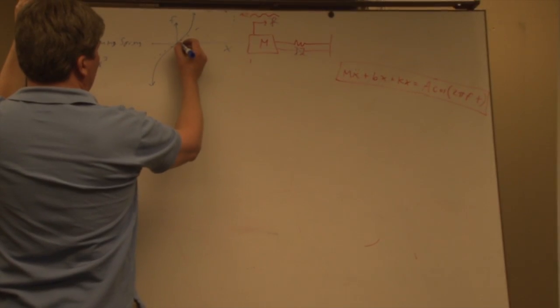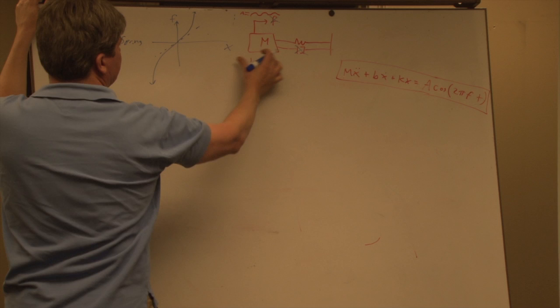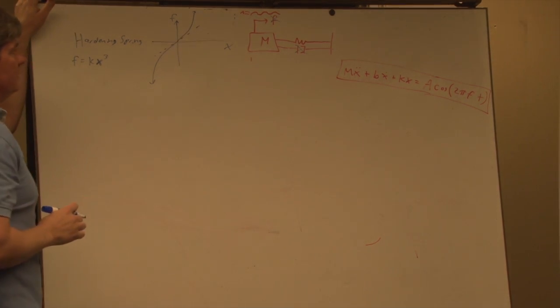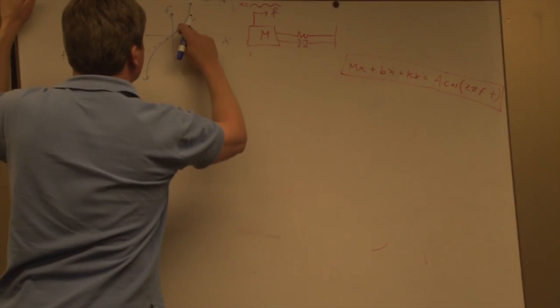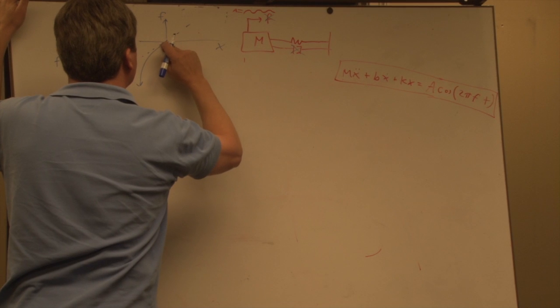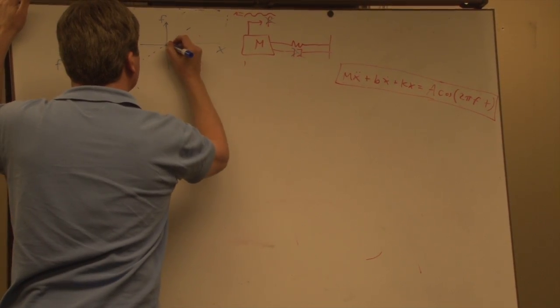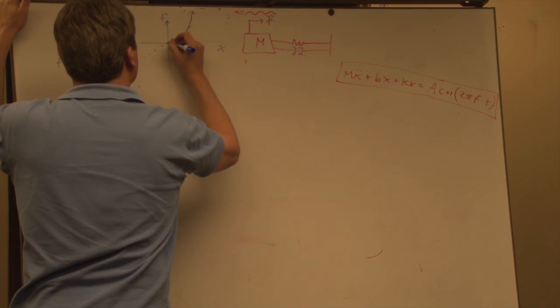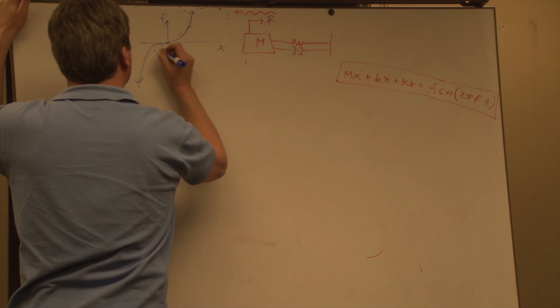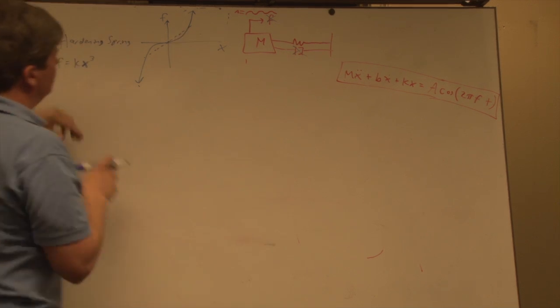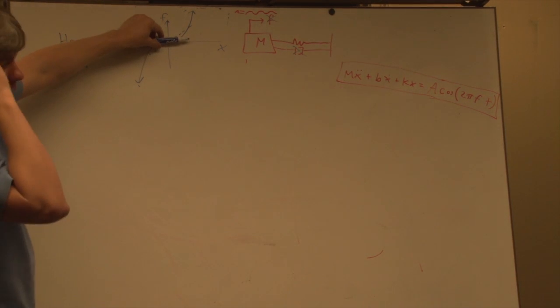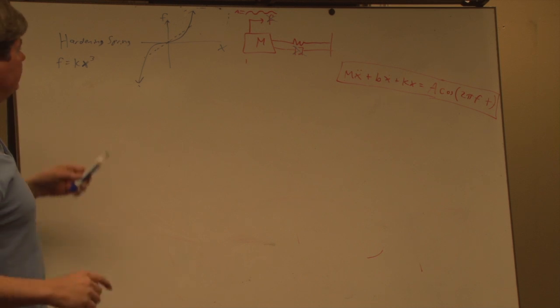So for low amplitude, low displacement of the mass, the spring's going to be really loose, right? So the stiffness of the spring at low amplitude is really loose. There's hardly anything there.